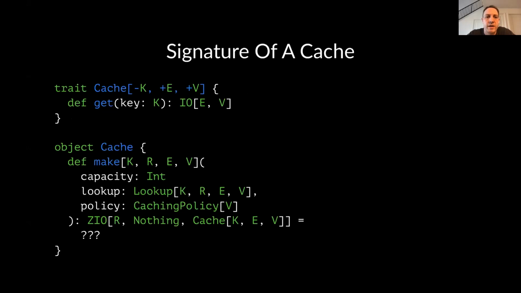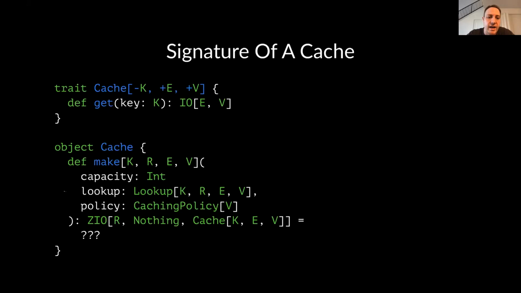We have this trait Cache that's parameterized on a key type that we're going to look up, an error that the cache computation can fail with, and a value. Its defining method is going to be this get method that just says, give me a key, and I can either fail, or I'm going to return you a value. That's either an existing value, or if it's not in there, then I'm going to compute it for you.